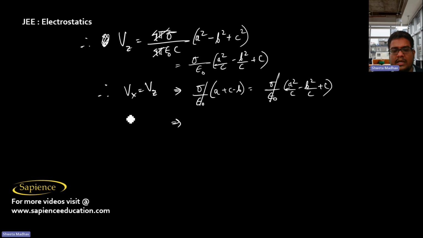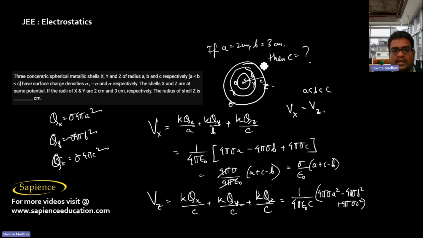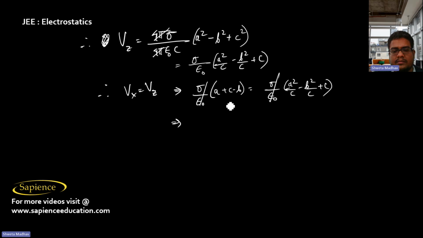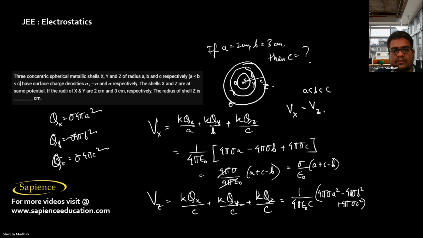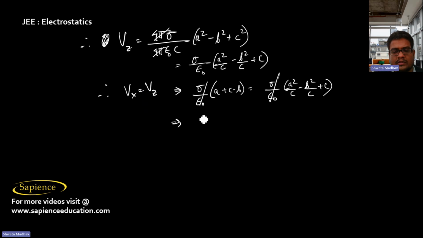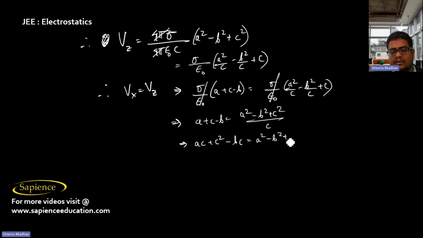So now A is 2, B is 3. A plus C minus B is equal to A square minus B square plus C square by C. I can say AC plus C square minus BC is equal to A square minus B square plus C square.